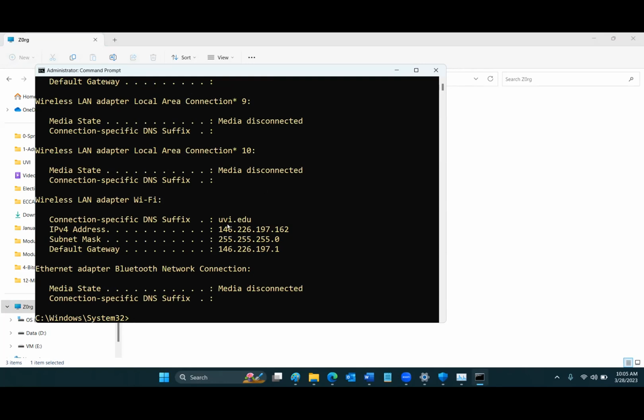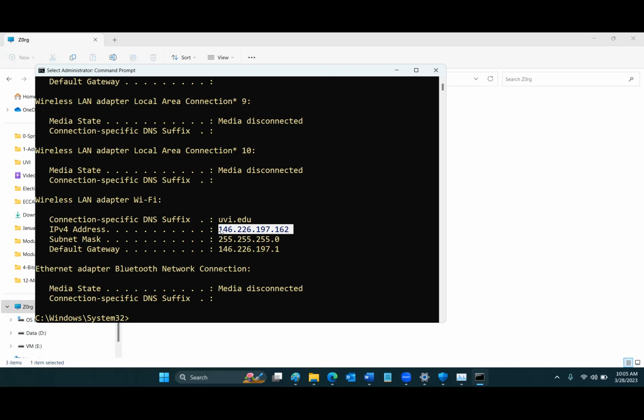So I'm using an IP address of 146.226.197.162. Now I'm going to simulate how the administrative network share works and how hackers love to store little Easter eggs on other systems in a domain environment when they have elevated privileges. This is scary as hell.